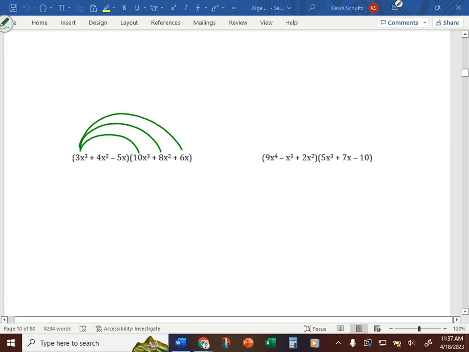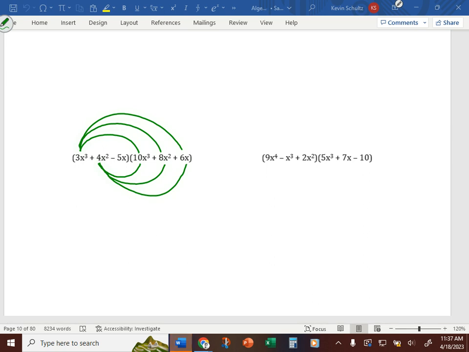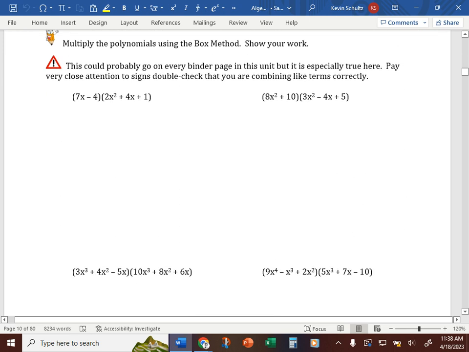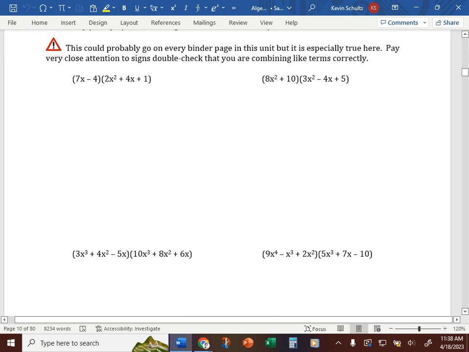Then we have to go back and take our 4x squared and distribute into each term in the other set. Then we have to somehow find room to take our negative 5x and distribute this into each term in the other set. The lines get pretty crazy. So instead, we are going to focus only on the box method, which keeps things organized. It eliminates the lines.